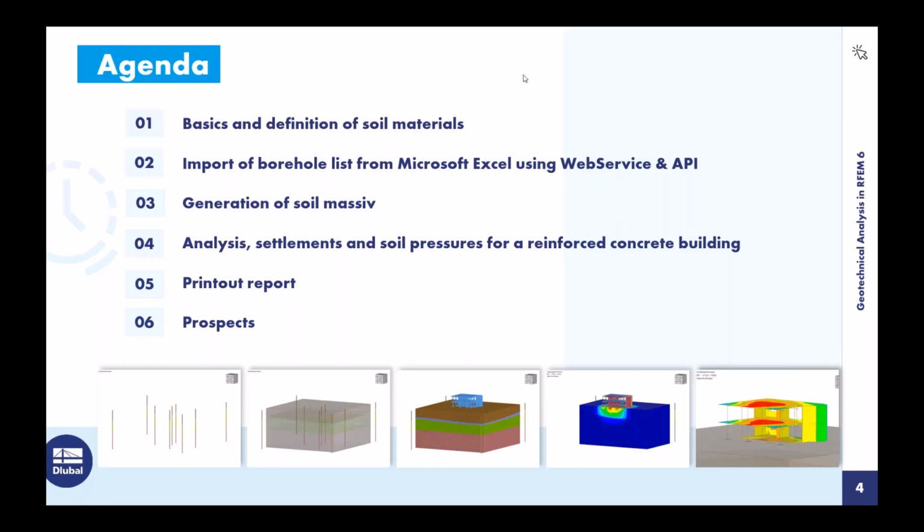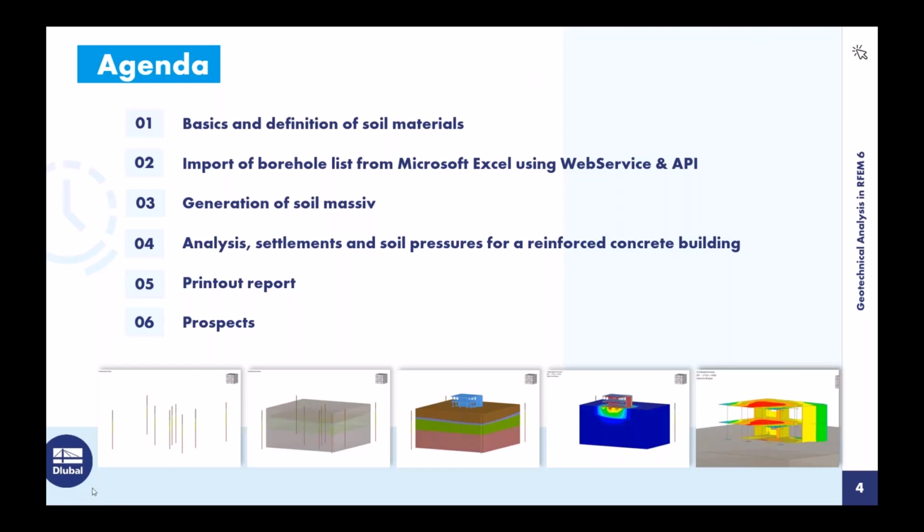After that, we finished the main part. We will have a look at the printout report, how we can document all this model and analysis. And after that, we will have a short summary and we'll also present some prospects, some topics that are in development currently in our team.